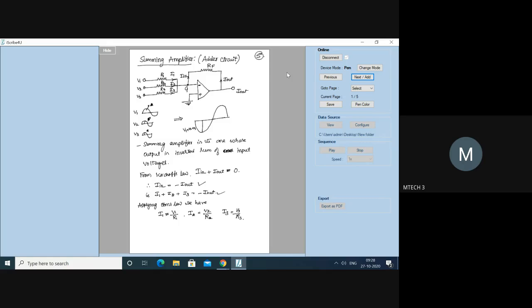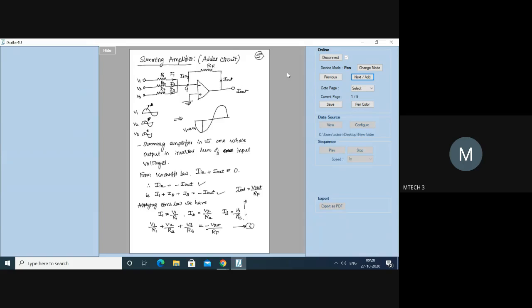V1 by R1 plus V2 by R2 plus V3 by R3 will be equal to I in. Similarly, I out will be equal to V out divided by RF, so minus V out by RF.